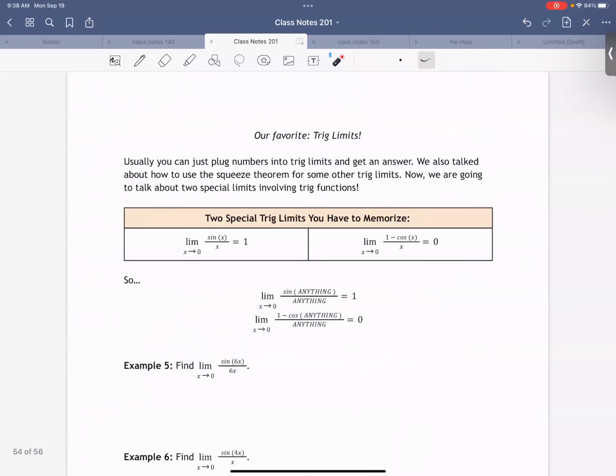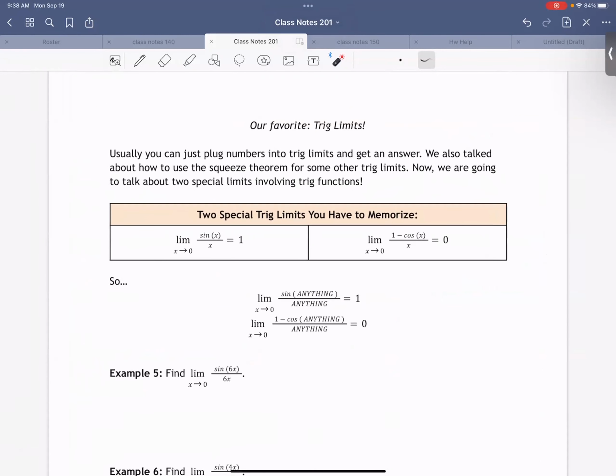All right. We're actually going to move on to a different type of limit. We're going to stop the mental gymnastics and go to things that we can algebraically work with, which is a little bit easier for us. We're going to go to trig. We have talked about limits before that involve trig functions, but the only way we've dealt with trig functions was with the squeeze theorem, right?